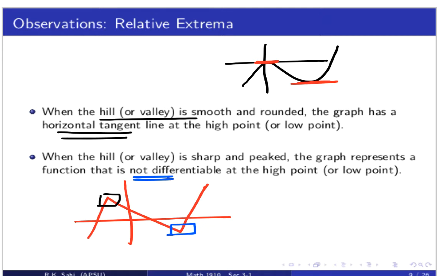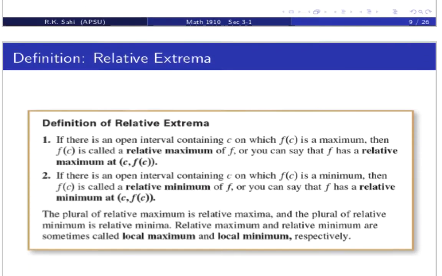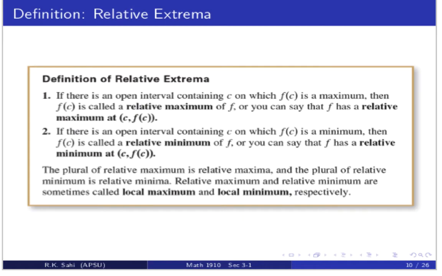Okay, so let's do a formal definition of relative extrema. What it says is, if you have an open interval containing c on which f of c is a maximum, then we say f of c is a relative maximum, or f has a relative maximum at this point.